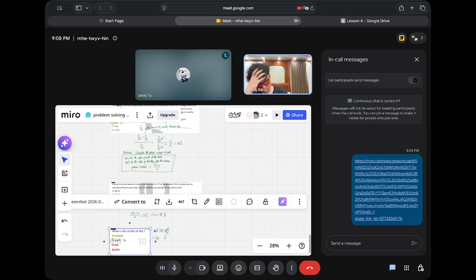If they don't include the percent unit here, your answer will be right. If it's 0.006 only, it's right. But if it's 0.6 percent, it's wrong.